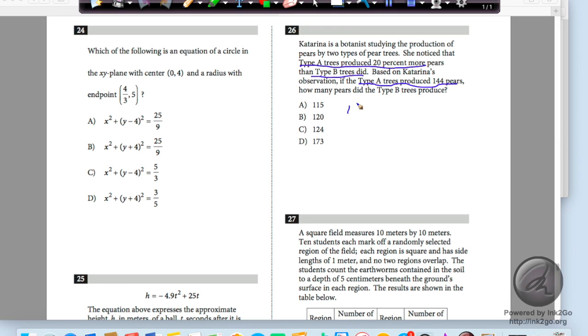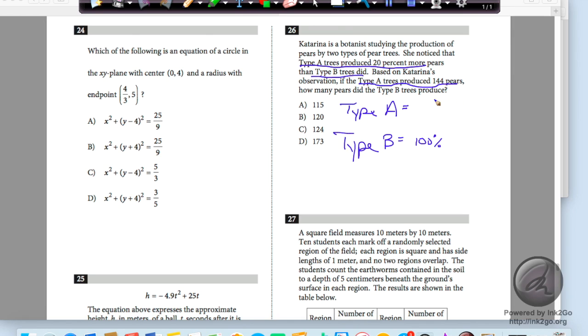Well, we know that type A trees are 20% more than type B trees. So just assuming that, let's say type B trees are, in general, 100%, right? So it's 100% of type B.